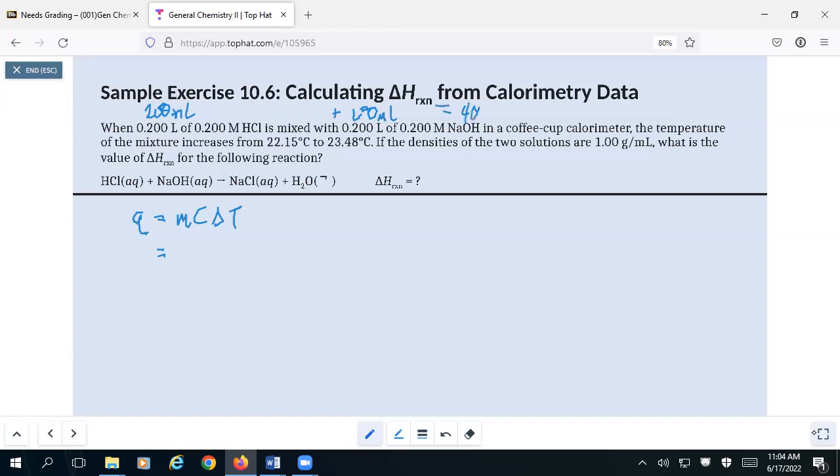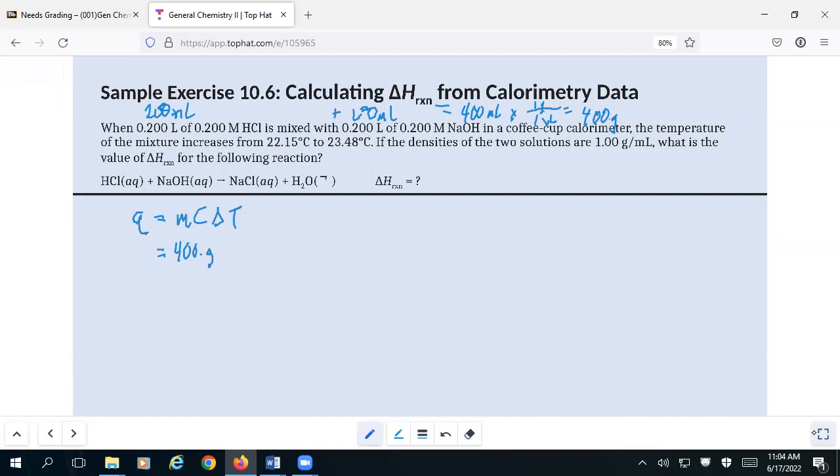So a total of 400 milliliters of solution times 1 gram per milliliter would be 400 grams. So our mass of the total solution is 400 grams.